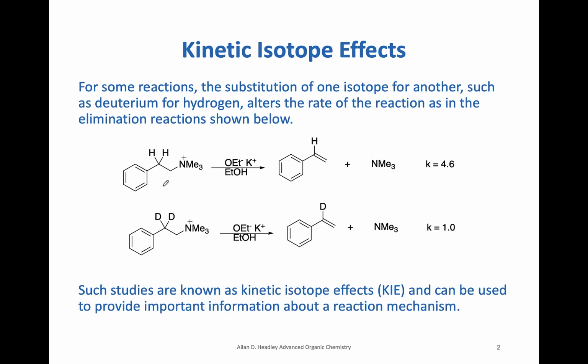So let's begin. For some reactions, such as the one shown below, it is obvious that substituting an isotope for another one, or a regular atom for an isotope, alters the rate of the reaction. So let's look at this elimination reaction here. This is an elimination reaction in which we have a strong base, and we have hydrogens which can act as protons, and a good leaving group.